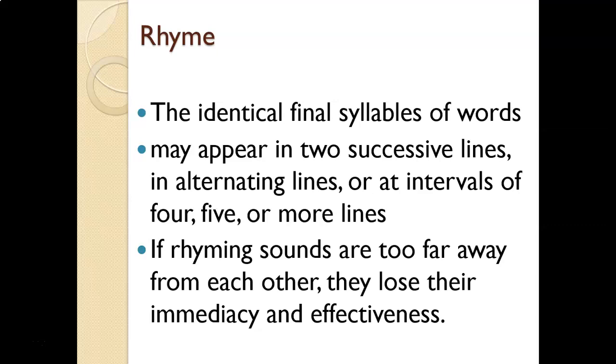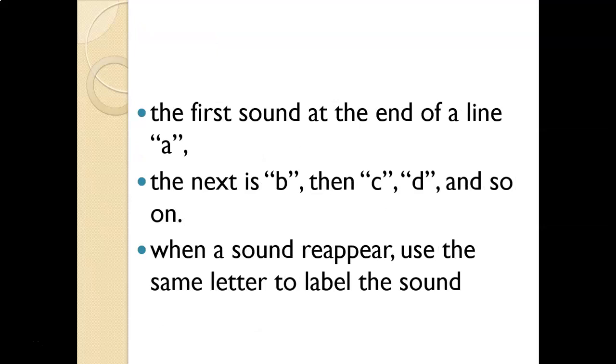If rhyming sounds are too far away from one another, then the effect of their musicality is lost, right? The immediacy is lost, that we do not have melody in the lines. That's why we try to weave the lines, or we try to interconnect the lines with the help of rhymes.